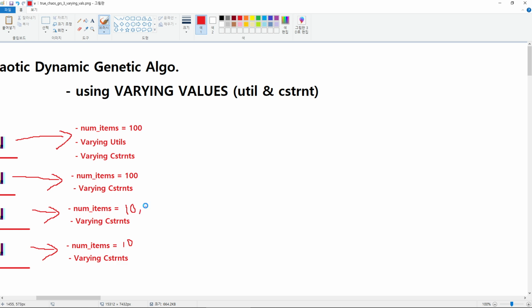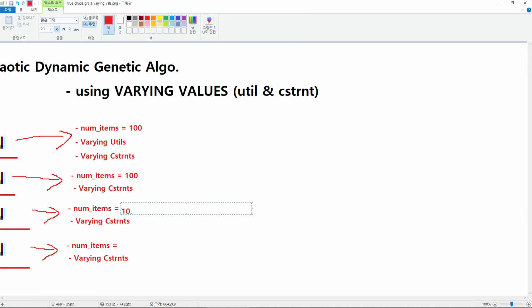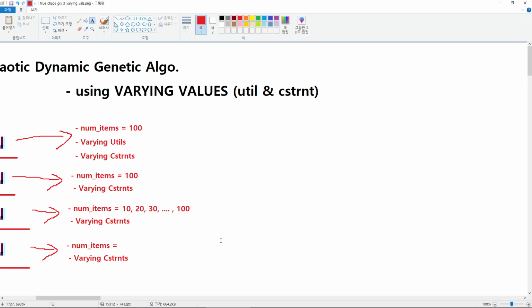Starts with 10, 20, 30, all the way to 100. And same for population size as well.